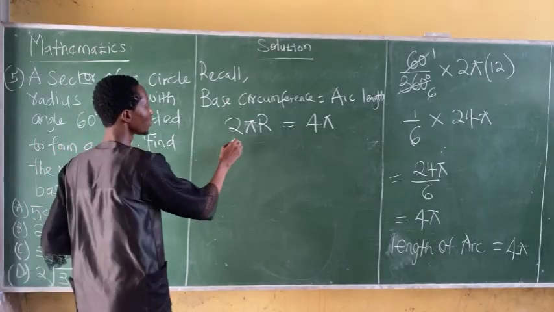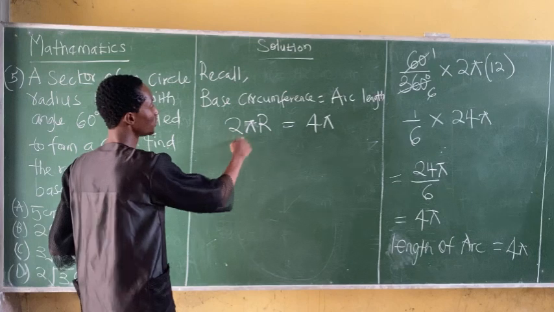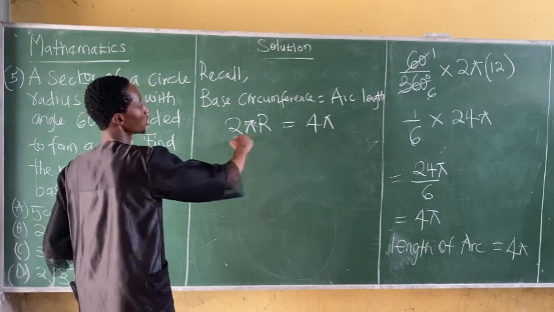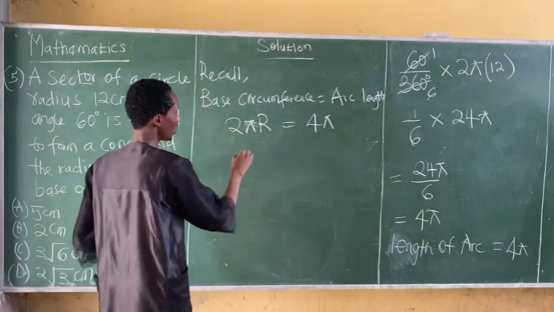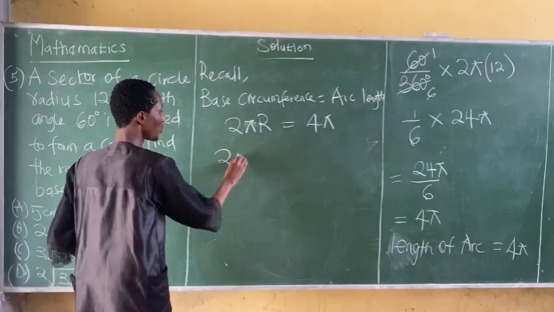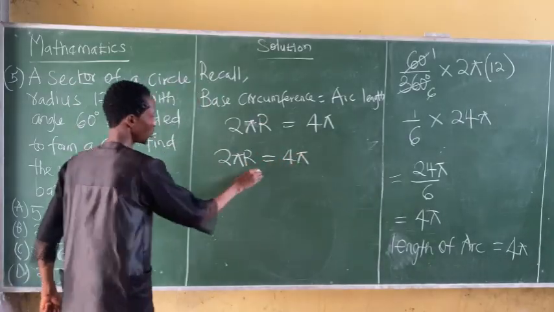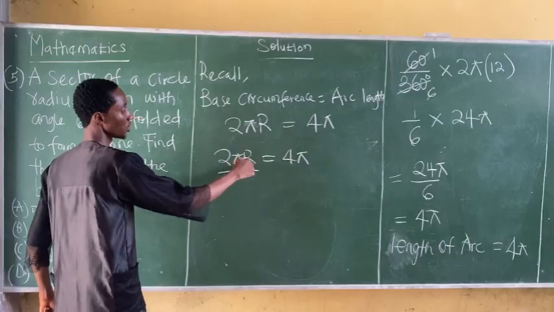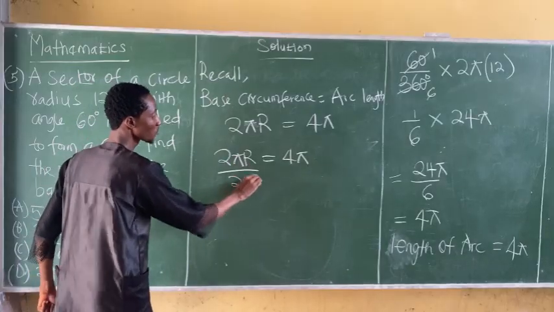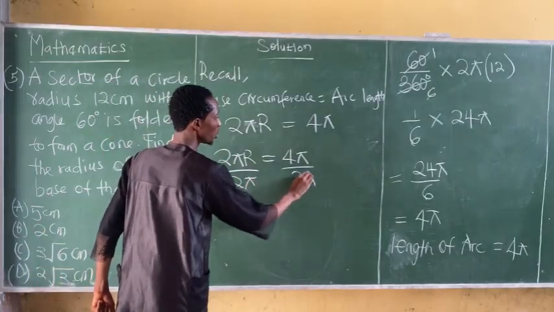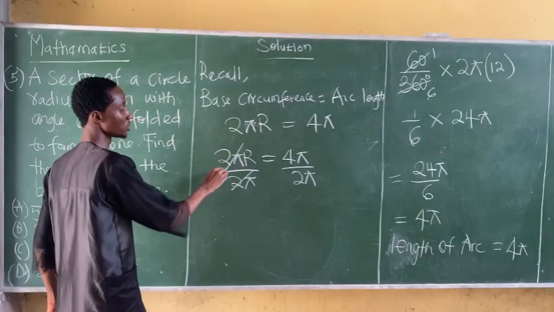So here we have, if we make R the subject of the formula, we divide both sides by the coefficient or the values attached to R, which is 2 pi R is equal to 4 pi. When we divide both sides by the coefficient of R here, which is 2 pi, this will take away this, right?